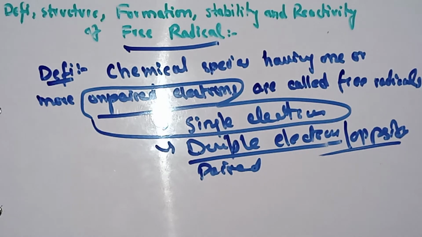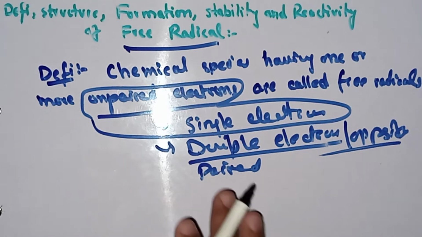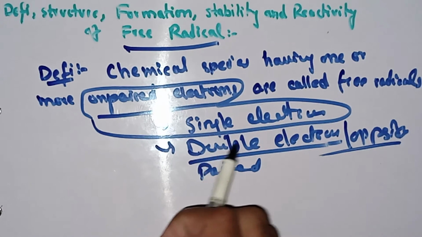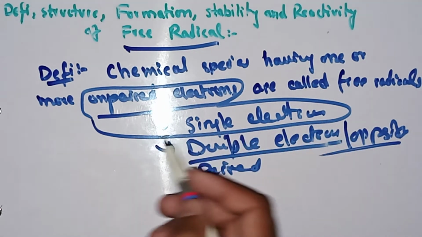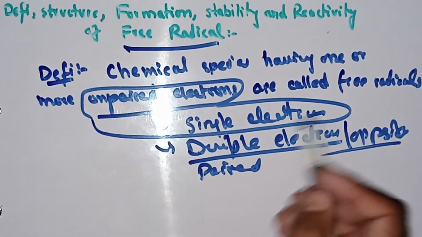So those species that have a single electron in any degenerate orbital are called free radicals.